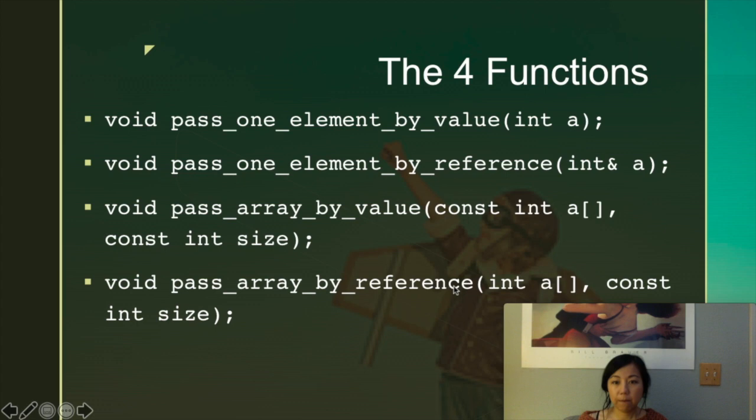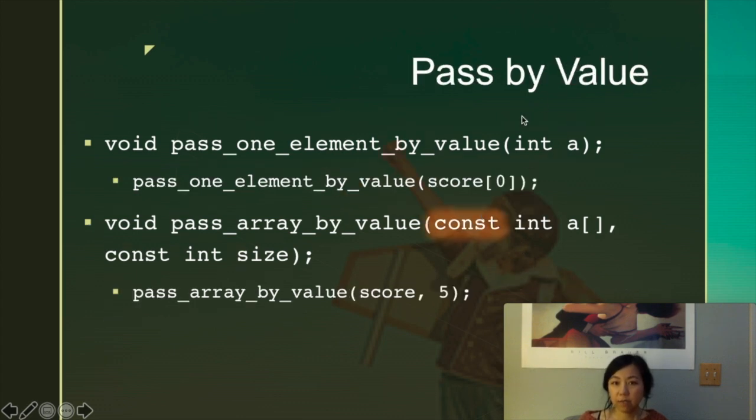So by reference, you just need to take out the const, and that is the difference. If you compare, when it's by value, there's the keyword const when you declare the function.